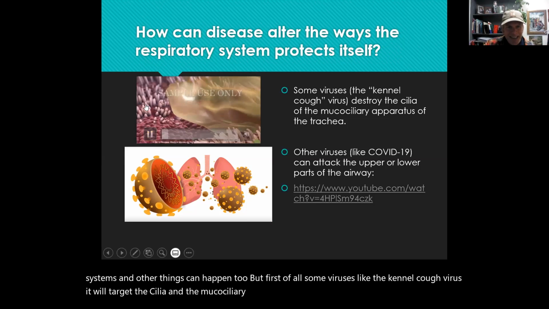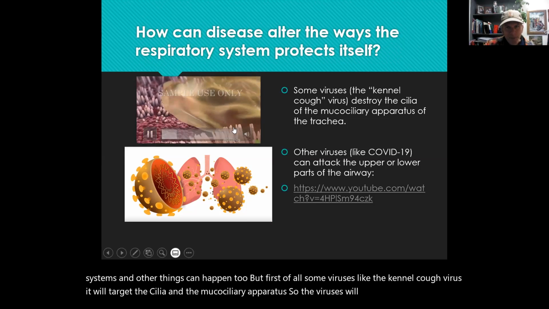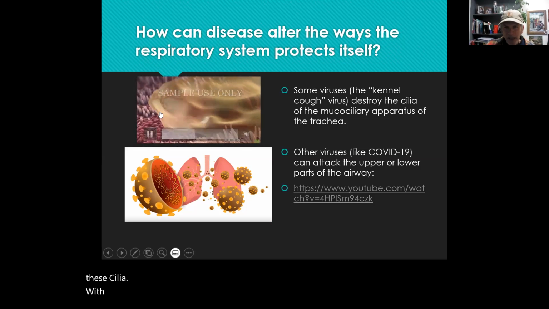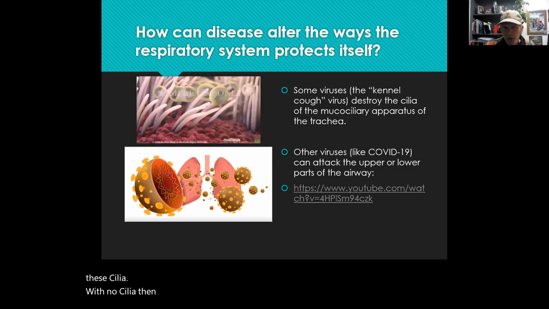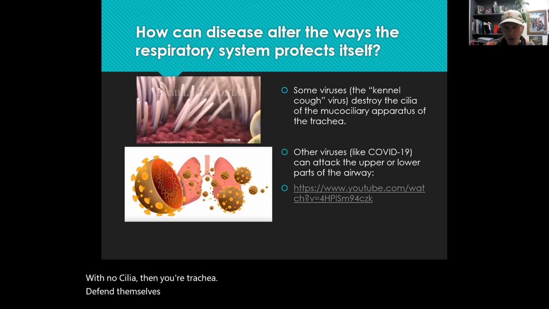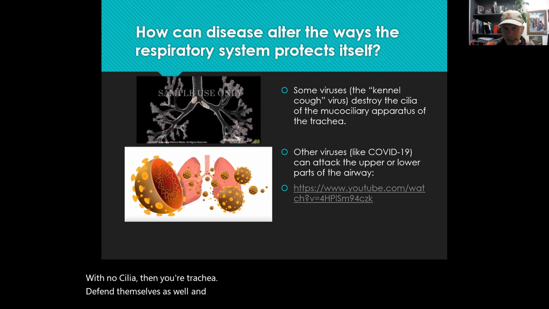So the viruses will attack these cilia. With no cilia, then your trachea and your bronchioles can't really defend themselves as well. And so that can lead the way to a worse infection.